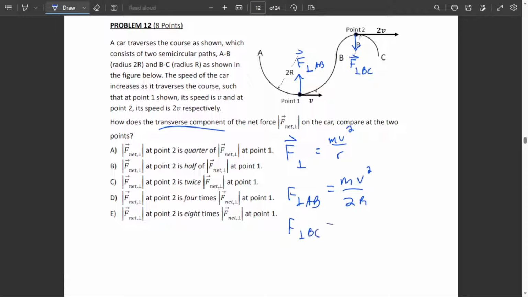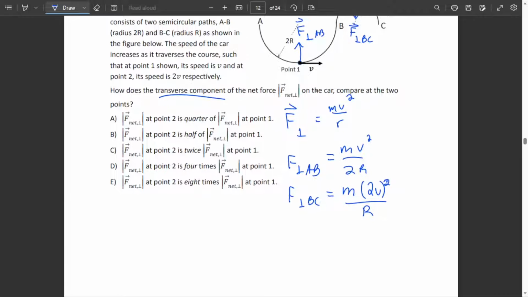Along B to C, the mass is unchanging, our speed has doubled, and the radius is halved. So if we expand this out, this gives us 4 mv squared over r. So from A to B on that arc, we have 1/2 mv squared over r, and then that changes to 4 mv squared over r. So it is 8 times at point 2.